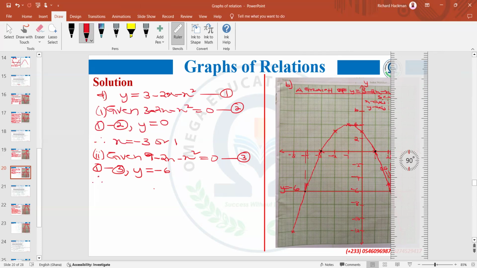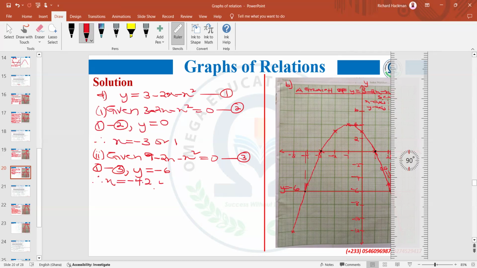Therefore x is equal to... I was not asked to find the truth set. For the first reading here, remember each small box is 0.1. I have two small boxes, so it will be 0.1, 0.2. So I'm going to get -4.2. That is from my graph. Don't tell me it's not -4.4, that is my graph.